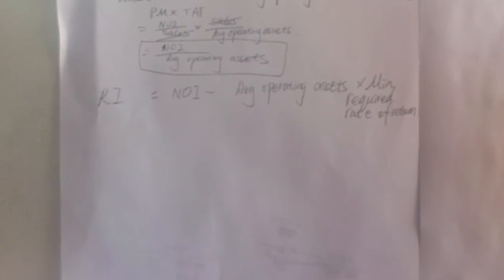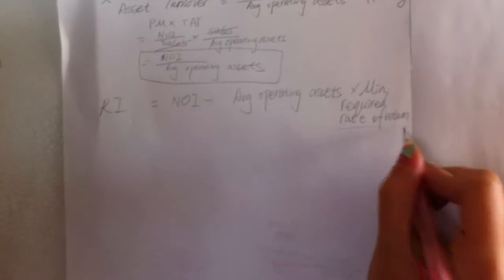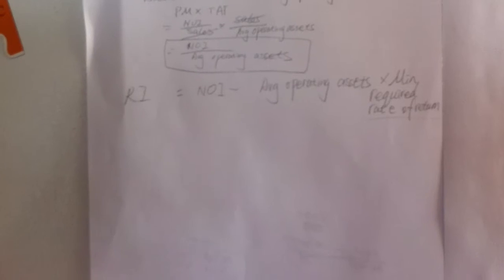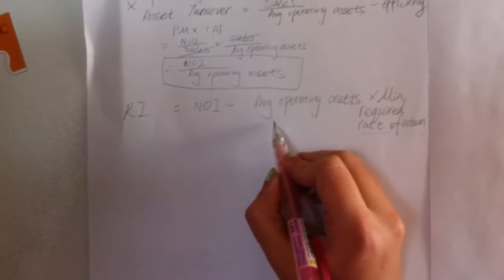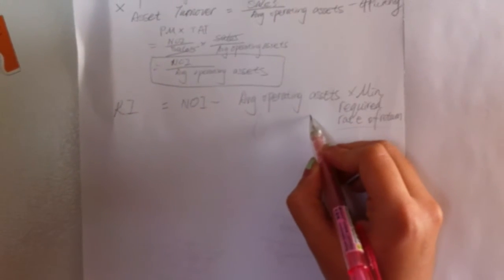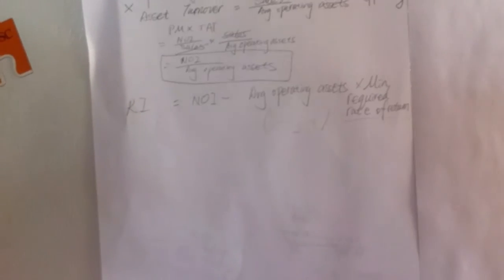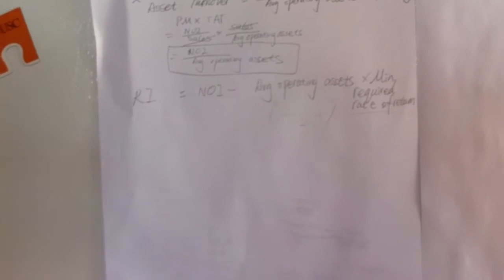Usually the minimum required rate of return is given, and by average operating assets, I mean the asset at the beginning and the asset at the end, and we divide it by 2. It's that easy. You can get the information from the balance sheet.